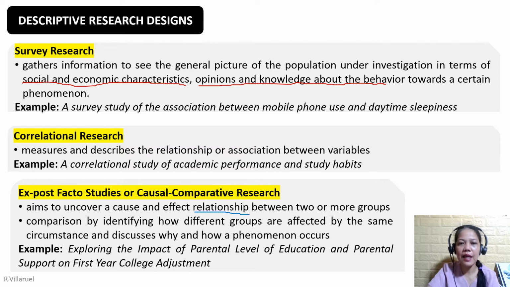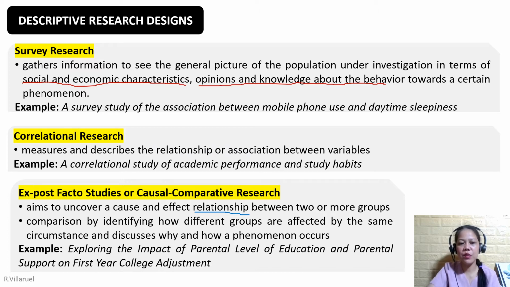Si A ay related kay B. Pero hindi ibig sabihin nun na nangyari si B dahil kay A. Correlation means there is a relationship or pattern between the values of two variables. On the other hand, ex post facto studies means that one event causes another event to occur or happen. So, yun yung difference nilang dalawa.